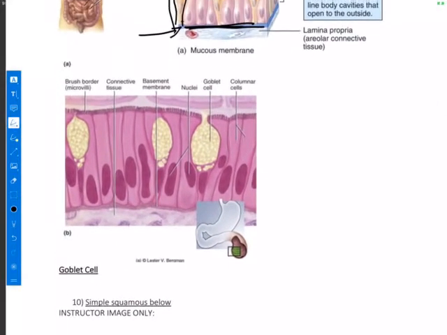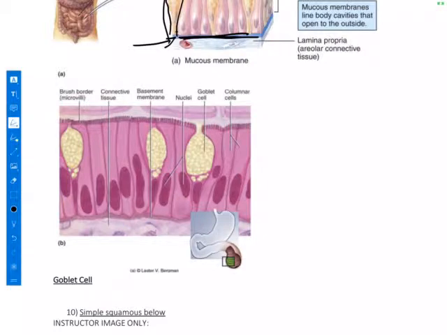Here's another picture showing a goblet cell. Here we're looking at an example of tissue taken from the small intestine, and you can see that we have simple columnar epithelium. The nucleus is where I drew the N. It's ciliated, and between these columnar epithelial cells there are some goblet cells which basically secrete mucin onto the apical surface of the cell, and the mucin mixes with water to form mucus.